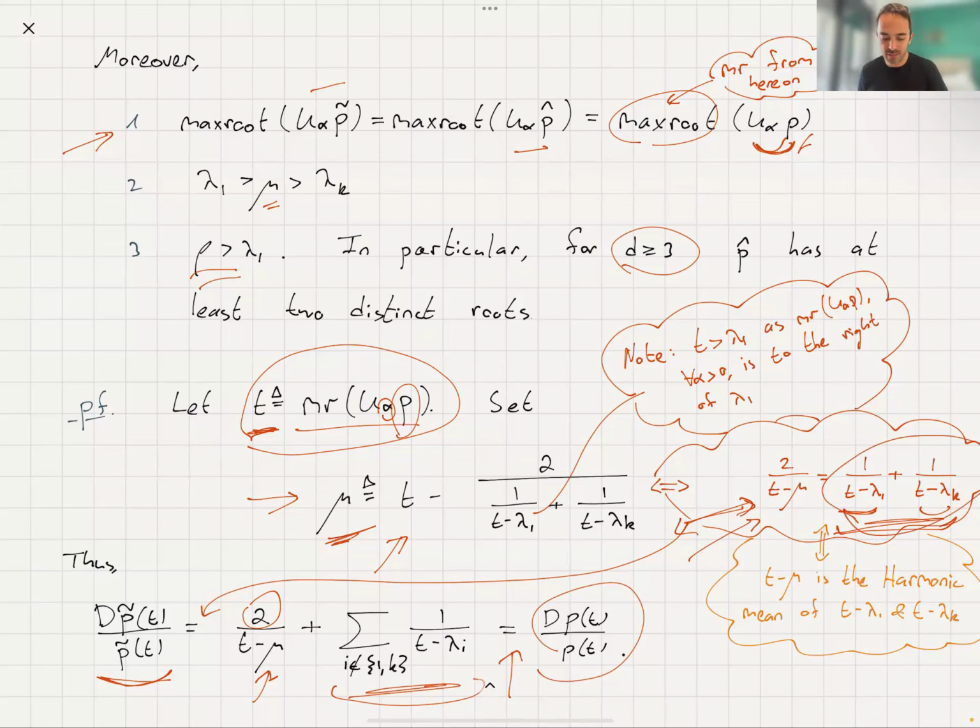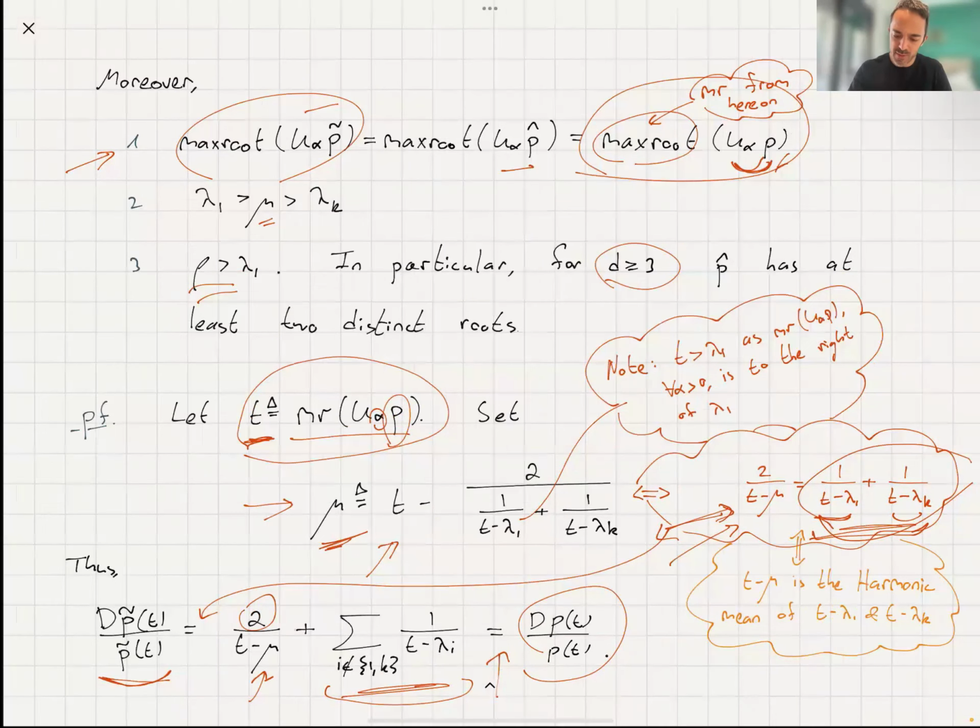So we defined it in such a way that at T, the normalized and also unnormalized Cauchy transforms are the same for P and P tilde, which doesn't quite prove that these two are equal, but almost. We know now that T is a root of U alpha P tilde. We want to show it's the max root.